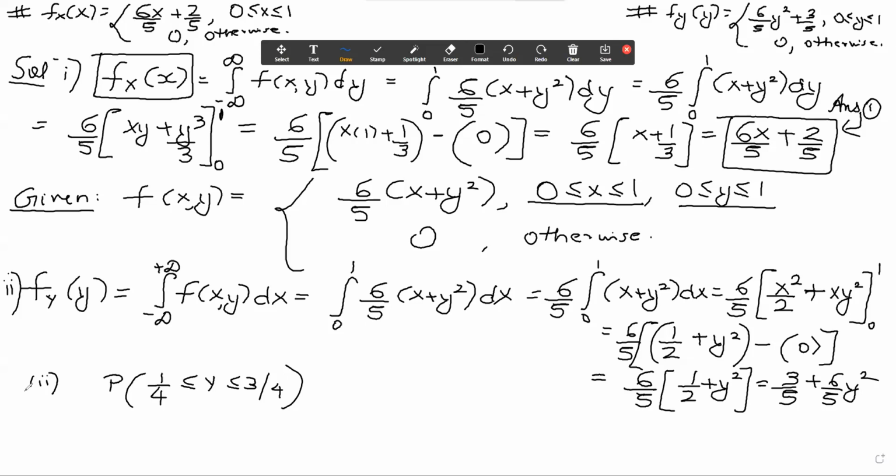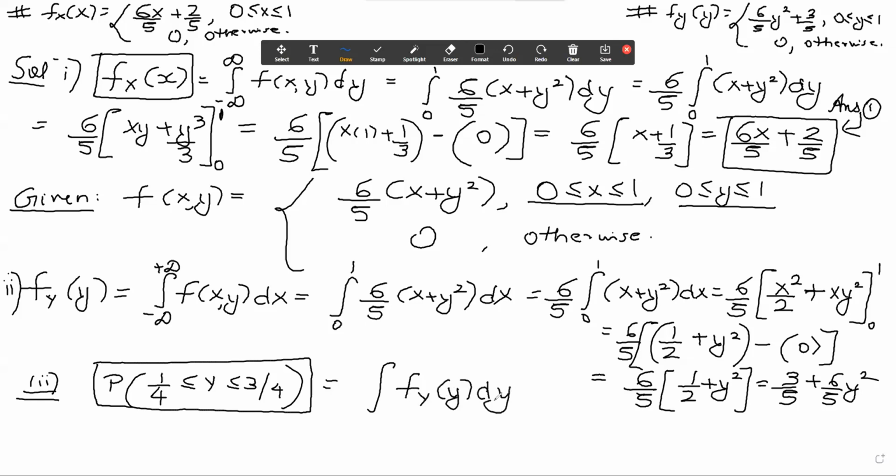Now the third part they ask us, find the probability that y lies between 1 by 4 and 3 by 4. How will you find this? You will integrate the marginal probability density function of y from 1 by 4 to 3 by 4. Since there is no x involved, that means the marginal PDF of y you will integrate from 1 by 4 to 3 by 4.